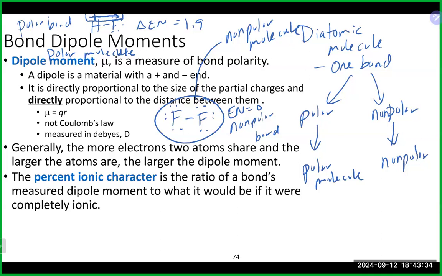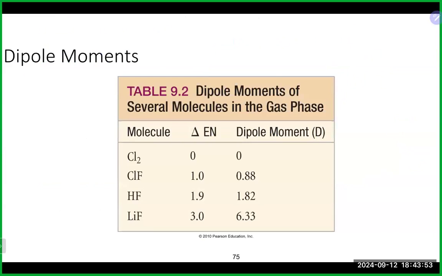In the case of diatomic molecules, that is the only place where both bond polarity, where we use difference in electronegativity, and molecular polarity are the same. We're going to talk more about molecular polarity in chapter 4, about molecules with 3 or more atoms. Again, there's a little bit more to it than just that.